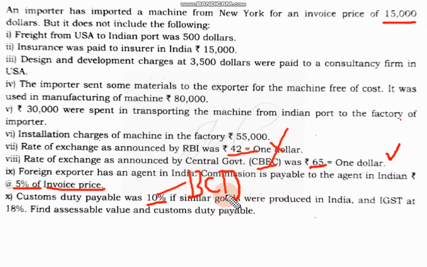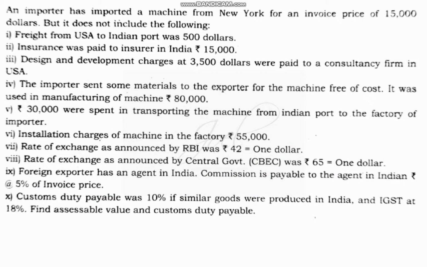And IGST at 18%. Only two rates are there, so we are considering only those two rates. Remember, whether social welfare surcharge is given or not given, in both cases we are going to consider 10% social welfare surcharge. So we will add freight, insurance, design development, and materials.